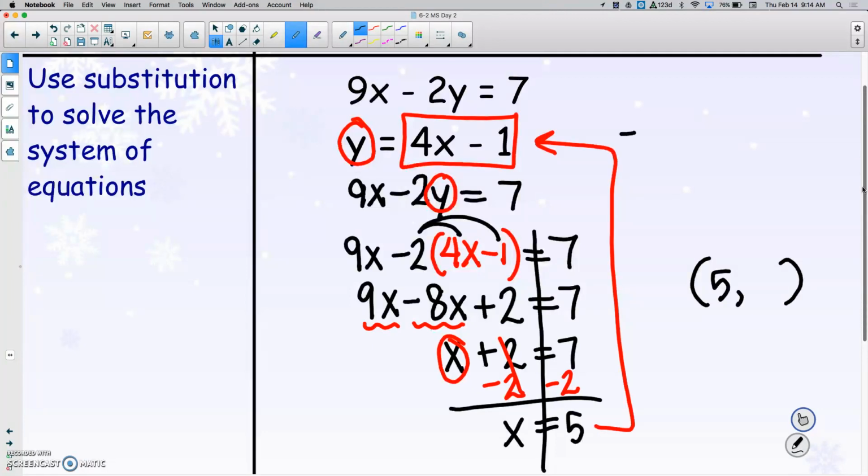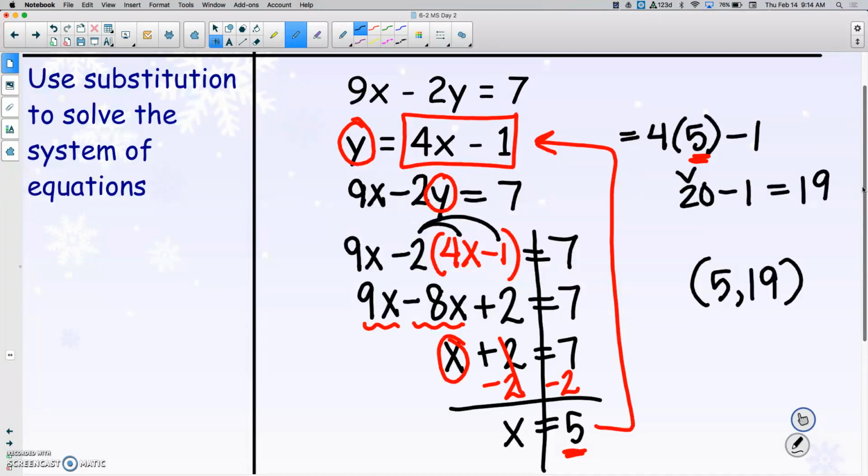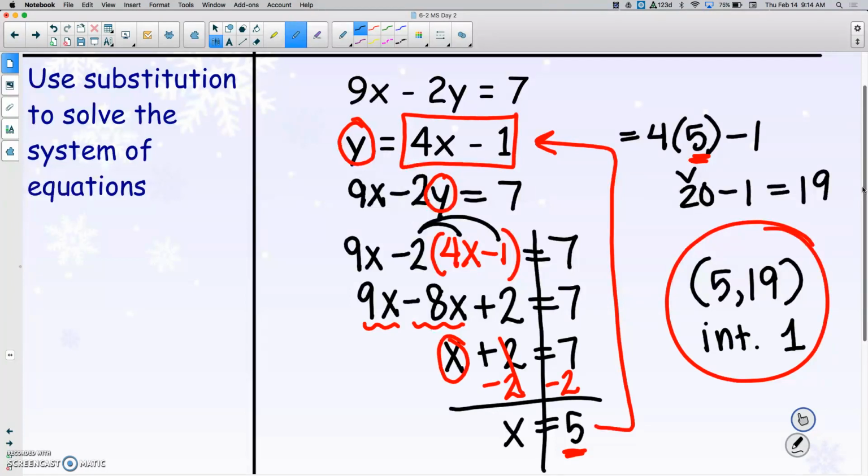Y equals 4 times x, which is 5, minus 1. So this value for x is right here. 4 times 5 is 20, minus 1 is 19. So these lines intersect at 5, 19. So they're intersecting. One solution again. They cross at 5 and 19.